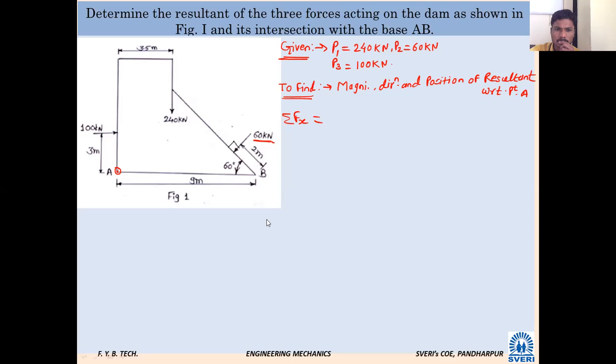At point B, we take a vertical, 60 degree, and this one 30 degree at point B. I'm not getting your voice. Okay, you are telling, but I am unable to listen to what you are telling. Okay, let it be now.